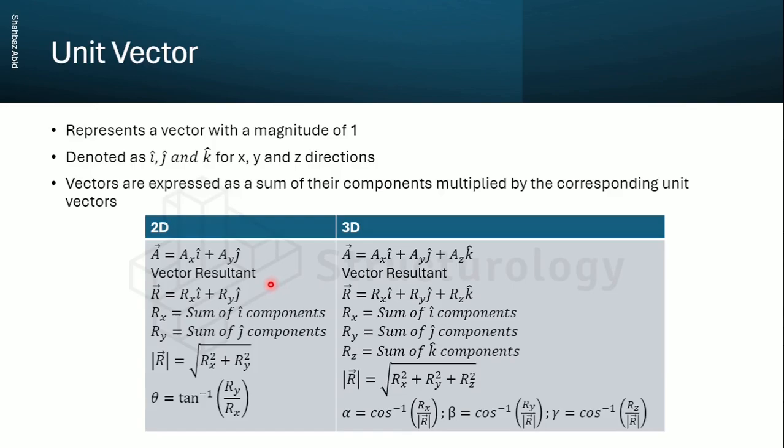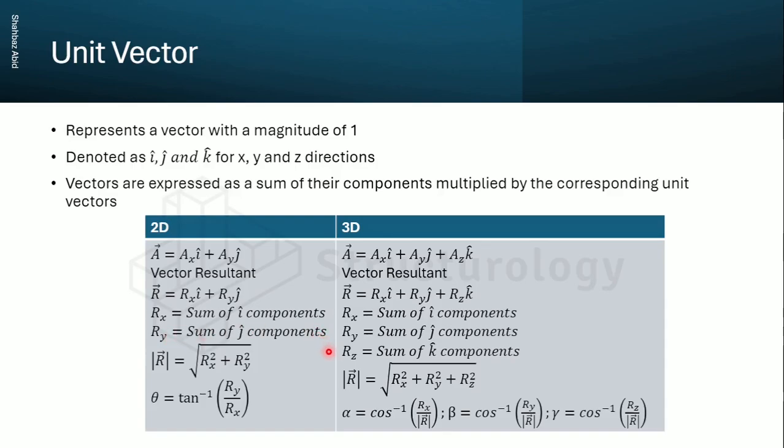Now we can get the resultant is going to be Rx i plus Ry j. So if we want to add any two vectors, we have to add the i of one vector to the i of another vector. We cannot add the i to the j. We have to add all the i's together and all the j's together. Okay, that is going to give us Rx and Ry.